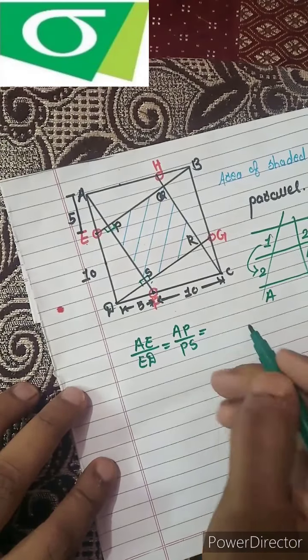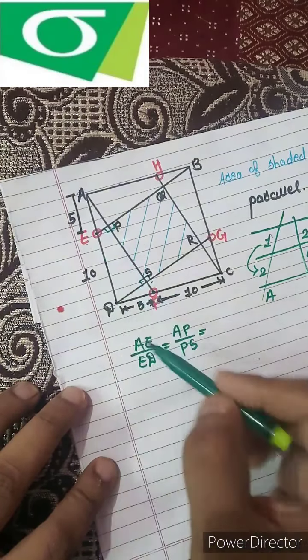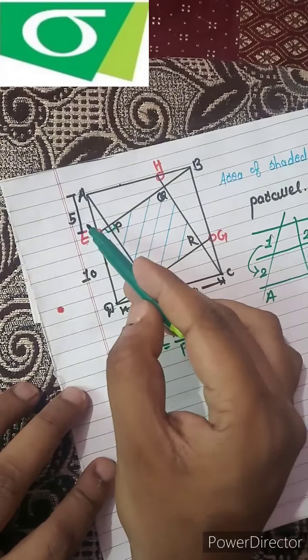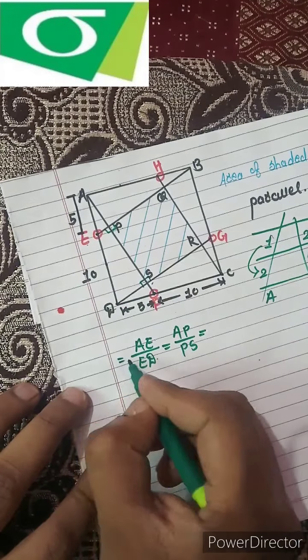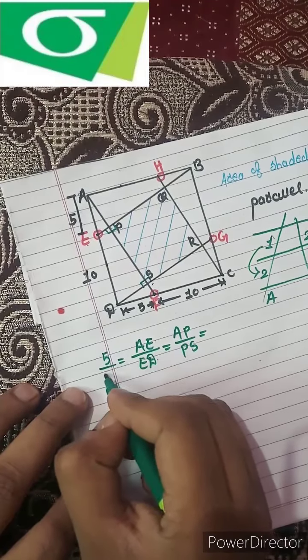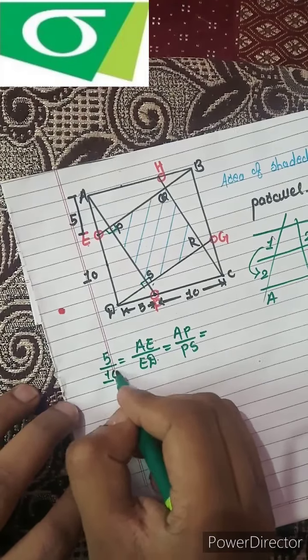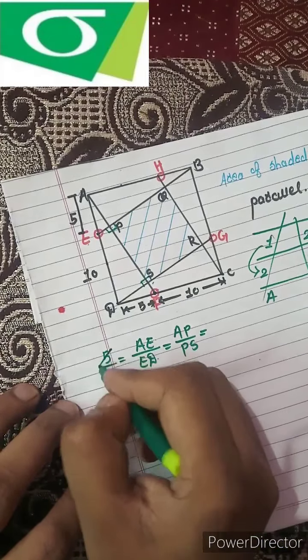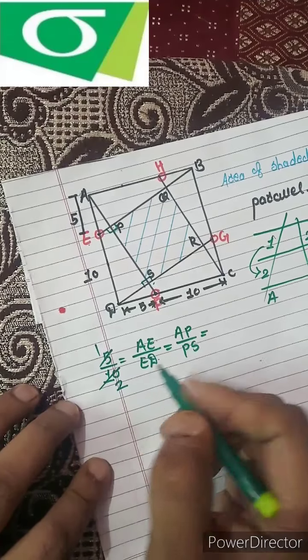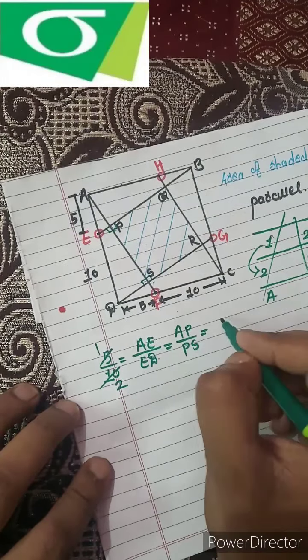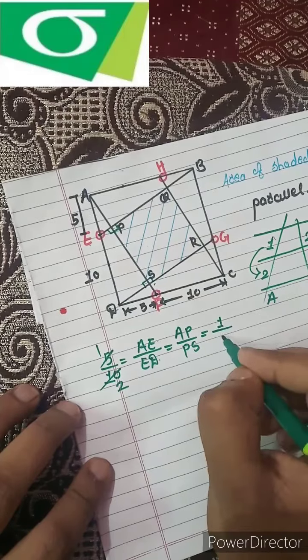We know one side: what is the value of AE upon AD? It is equal to 5 by 10, which in the simplest form is 1 by 2. So it should be in the same ratio, 1 by 2.